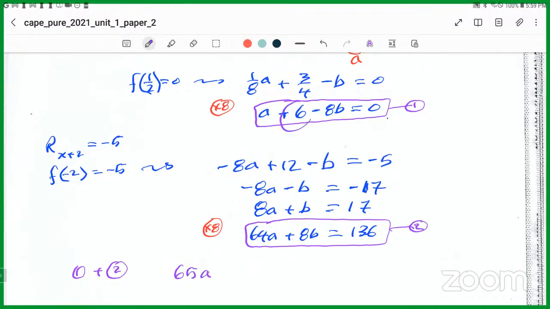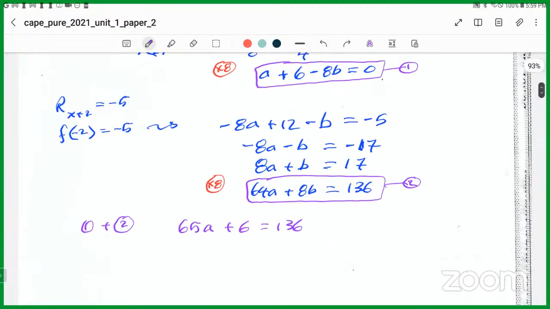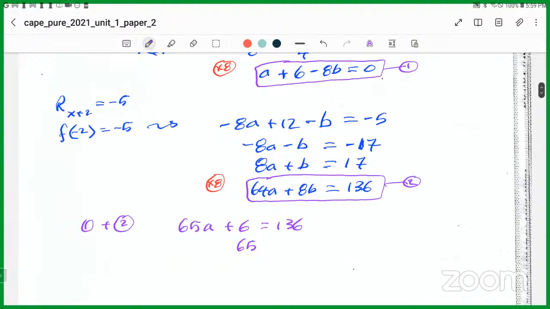Then the 6 is alone on this side, so 65a plus 6. Then the 8b and the minus 8b cancel each other. Then the 0 and the 136 is equals 136. Subtract that, I get 130. So 65a equals 130. So a equals 2, right?